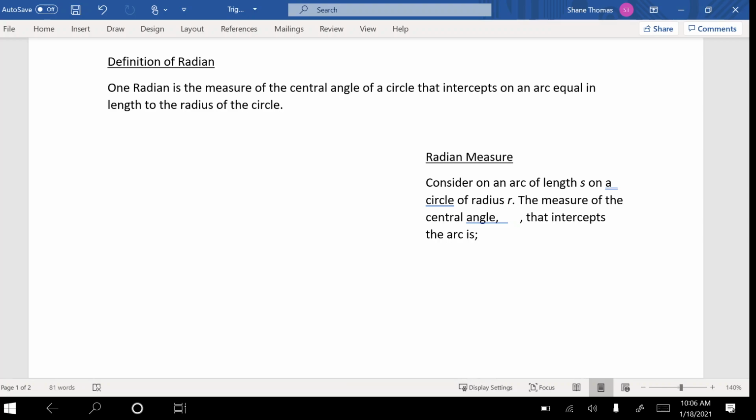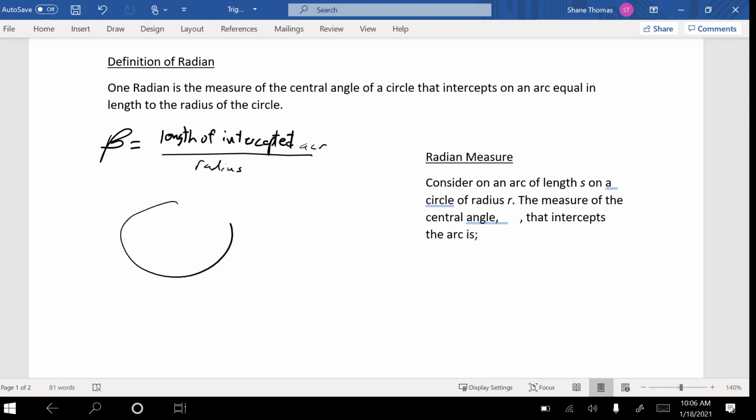So in formula form, that can be beta, that's going to be the length of the intercepted arc over the radius. Right?